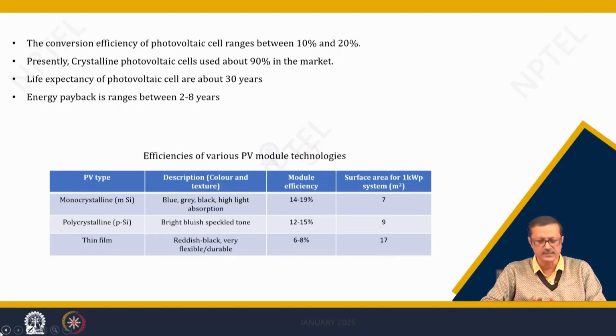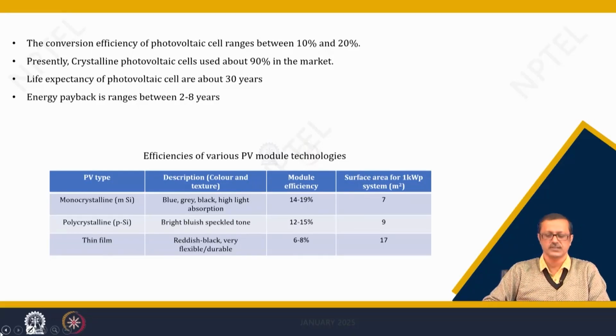There is a slight difference between module efficiency and the surface area of 1 kilowatt peak per meter square. Per meter square, the watt peak is higher in the thin film, whereas lower in the monocrystalline, but the module efficiency is much more in the monocrystalline. That means per square foot it may generate less, but overall efficiency, losses and all, will be less in the monocrystalline with respect to the thin film.